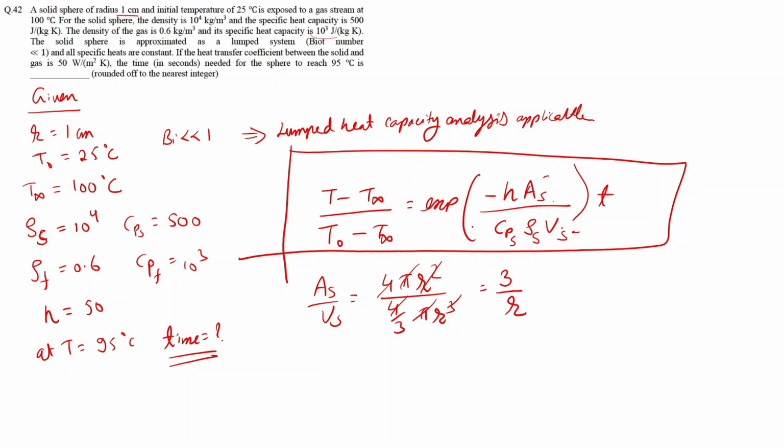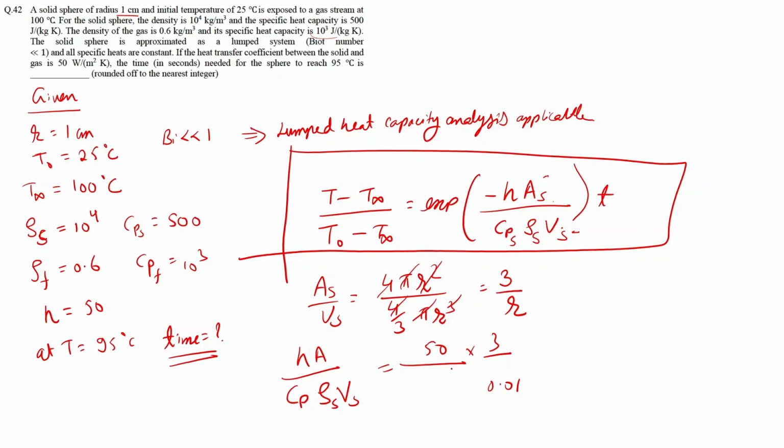Now similarly, we will calculate the entire term inside the bracket, that is h A upon Cp rho s into Vs. So h we have been given as 50 into A by V we have 3 upon R, and R we have been given as 1 centimeter. So let's just convert it into meter. So it will be 0.01 meter upon Cp of solid.